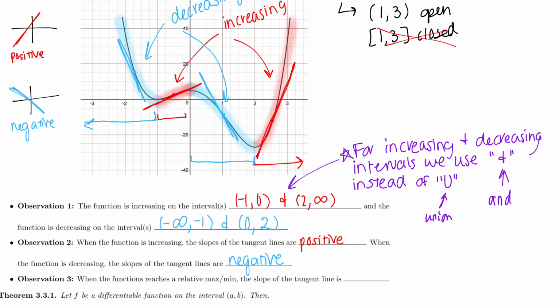And I know this is a pretty messy picture here. The other thing to notice is at the places where there's a max or a min, so here there's a min, and we've talked about this before, the slopes of the tangent lines are 0 because they're horizontal.